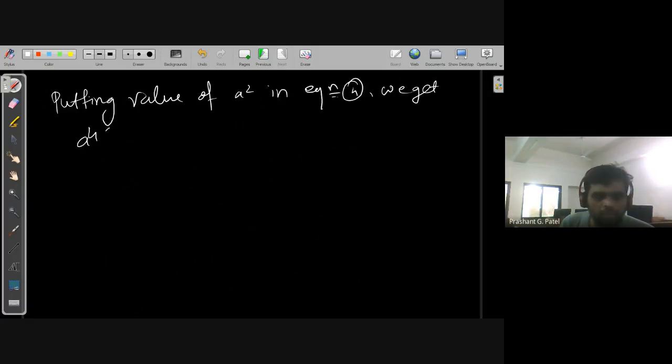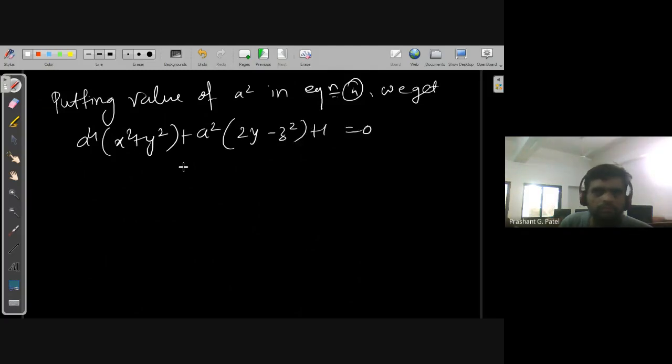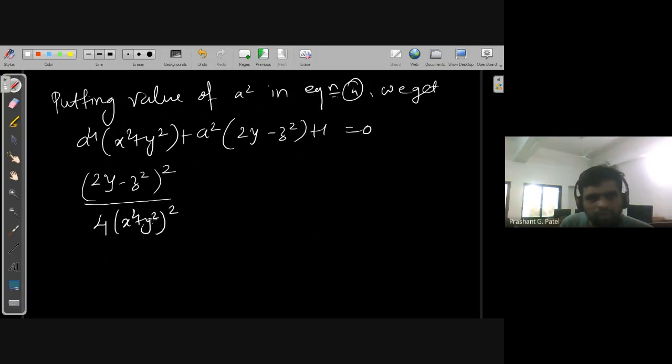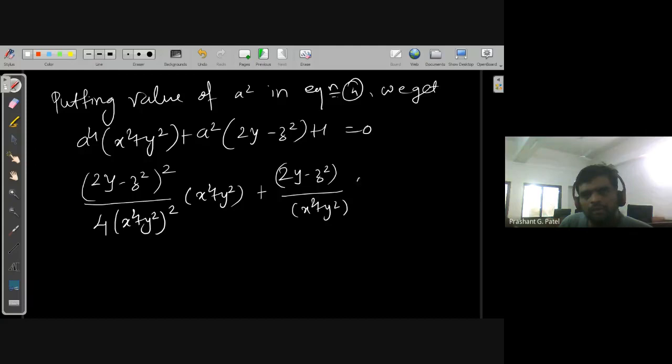That is a power 4 into x square plus y square plus a square into 2y minus z square plus 1 equal to 0. So a power 4, we have the value of a square as 2y minus z square upon 2 into x square plus y square, whole square, into x square plus y square, plus 2y minus z square upon 2 into x square plus y square, into 2y minus z square, plus 1 equal to 0.